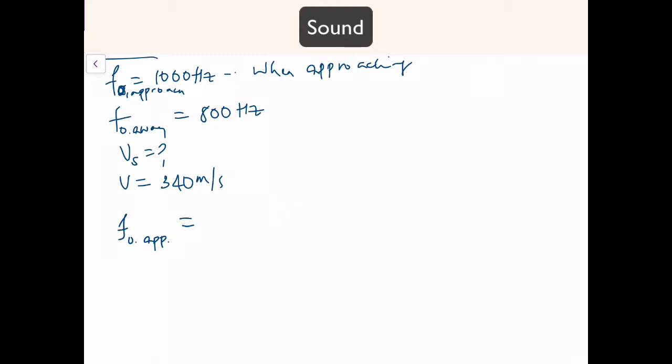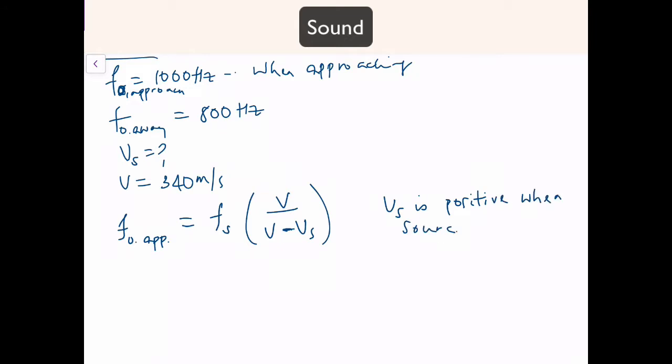So since the source is the one that is moving in this particular case, then the equation that you will apply is this one: f of the source times v of sound divided by v minus vs. So we're going to leave vs as a minus because vs is positive when the source is approaching, right?